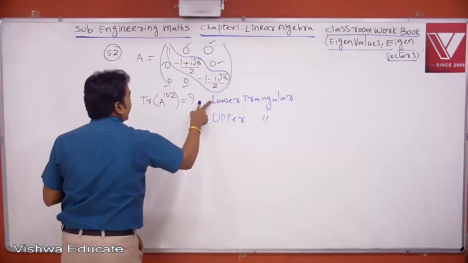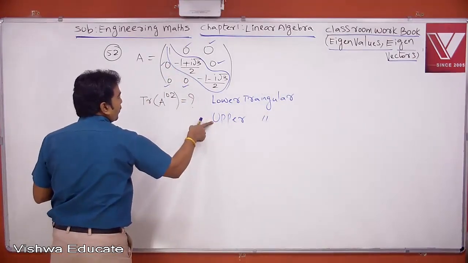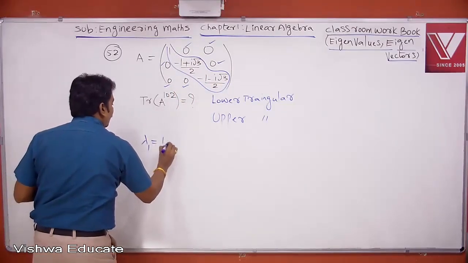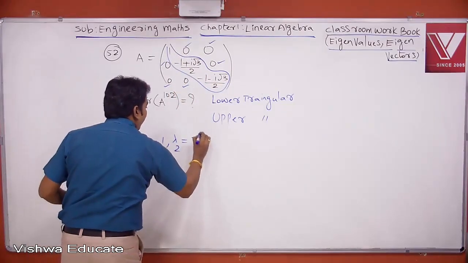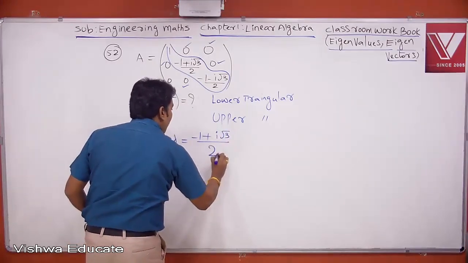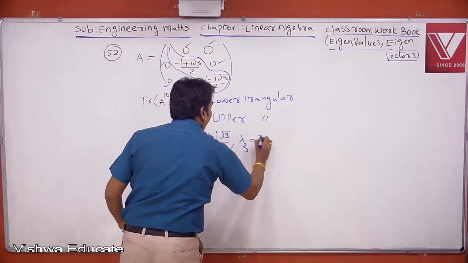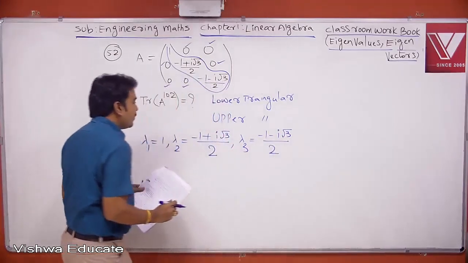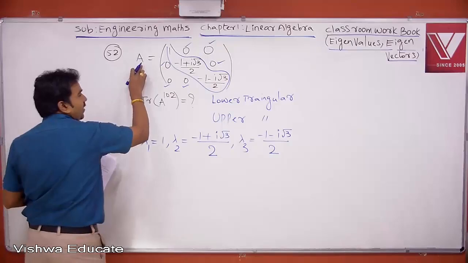So lambda 1 is 1, lambda 2 is minus 1 plus i root 3 divided by 2, and lambda 3 equals minus 1 minus i root 3 divided by 2. These three are eigenvalues of A.